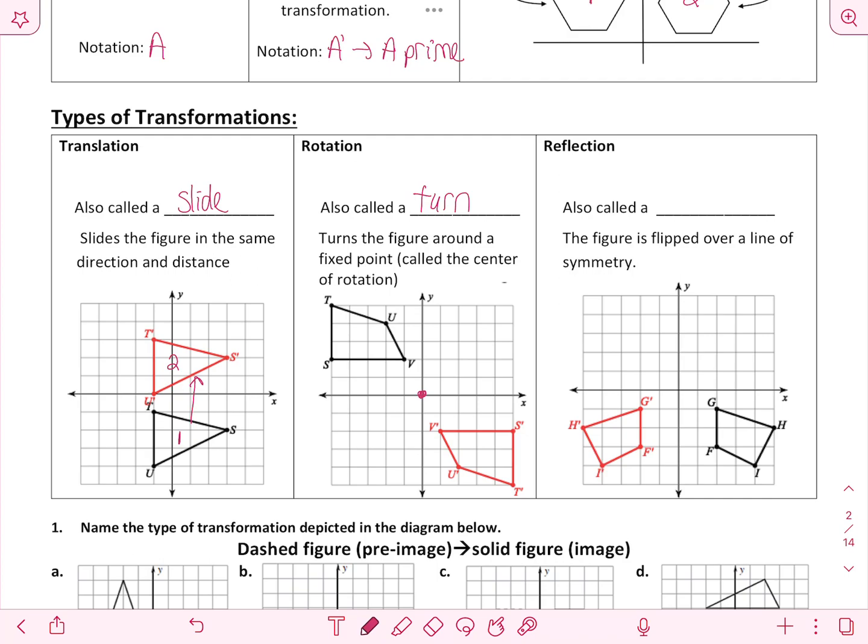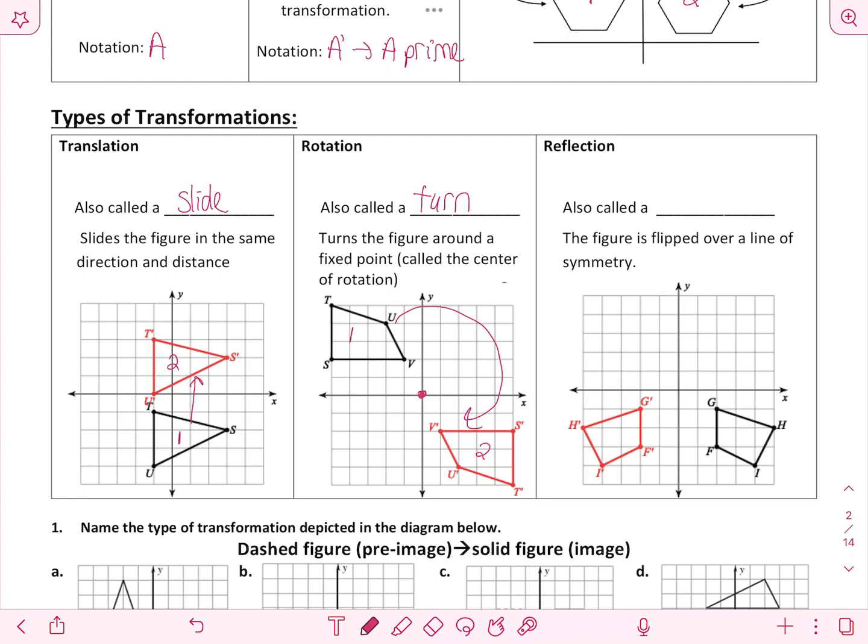Now, if you look at figure 1 versus figure 2, I know that figure 1, TUVS, is where we started because it doesn't have those apostrophes, that prime notation. When I look at T prime, U prime, V prime, S prime, the order is different. We turned it. We rotated that shape.